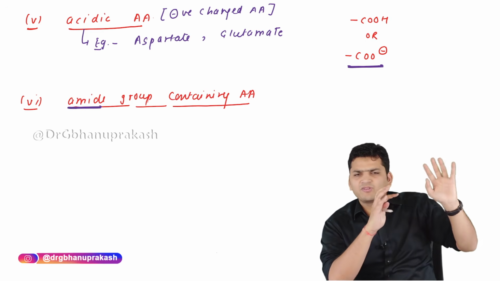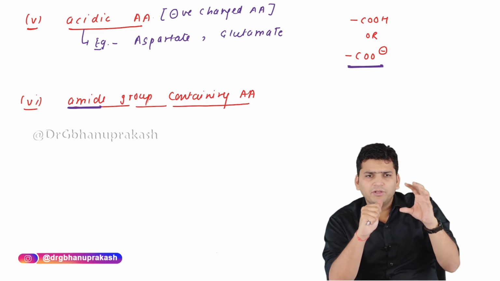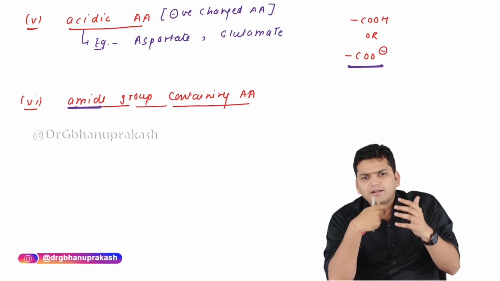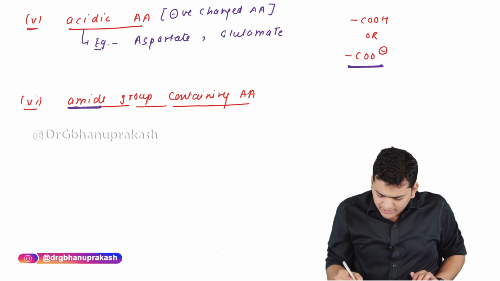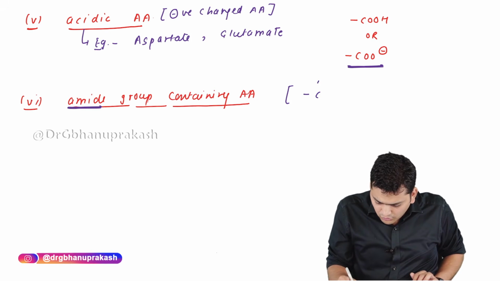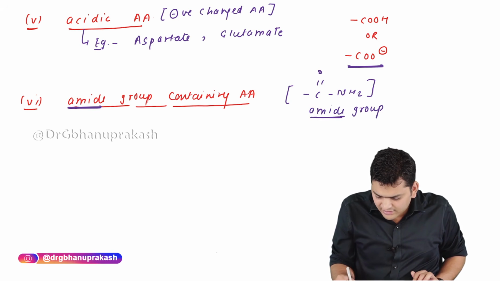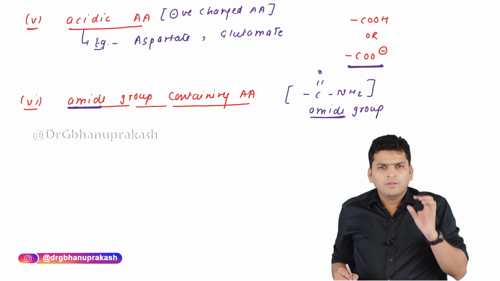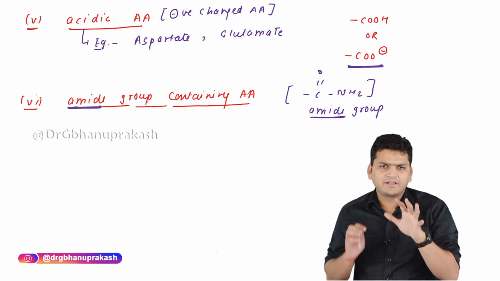When I say sulfur containing, it is obvious it contains S. When I said hydroxyl group, we know it is OH. When I say amide group containing, first we need to see what the amide group is. The amide group is CONH2. So we need to look for the amino acid which contains this amide group. This amide group has a tendency that it loves the acid. Let's understand it here.